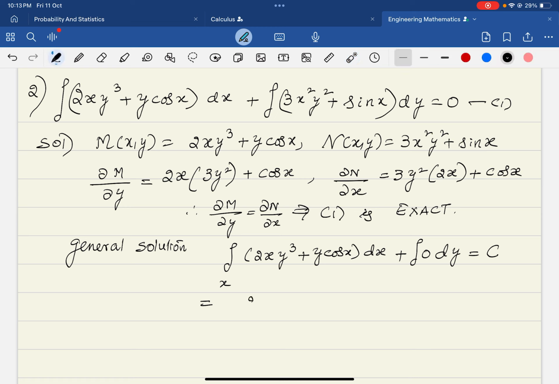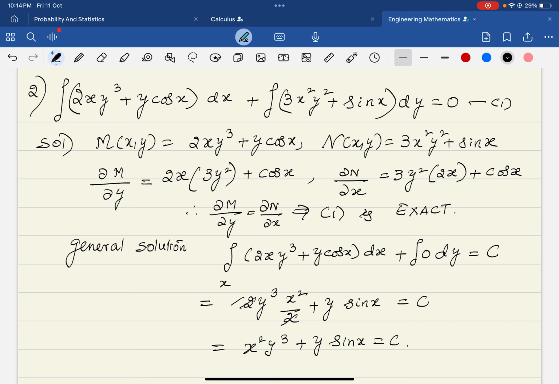So we take out 2y cube and integral of x is x square over 2. Again y is a constant. Integral of cosine x is sin x is equal to c. This 2 gets cancelled. So we'll remain with x square y cube plus y sin x is equal to c.